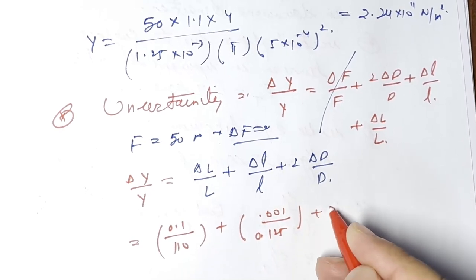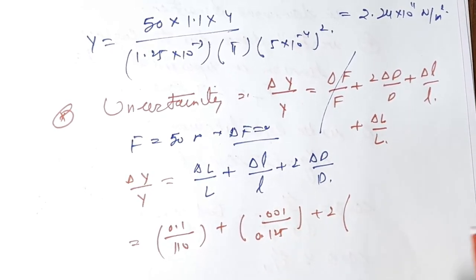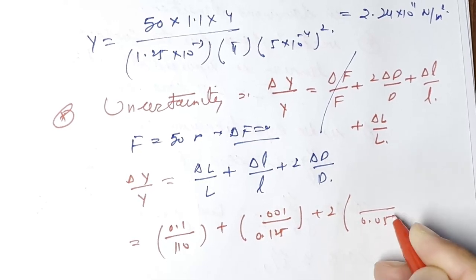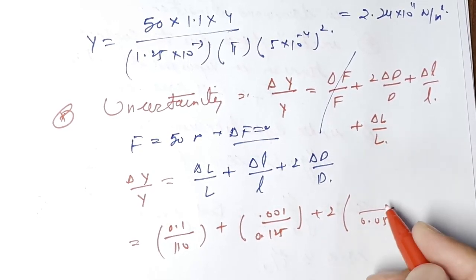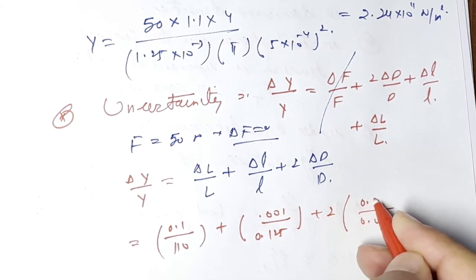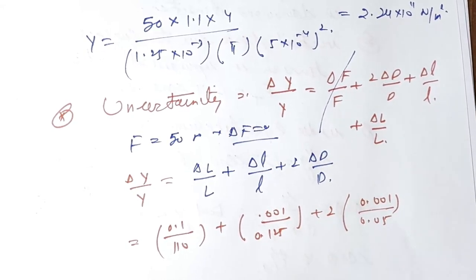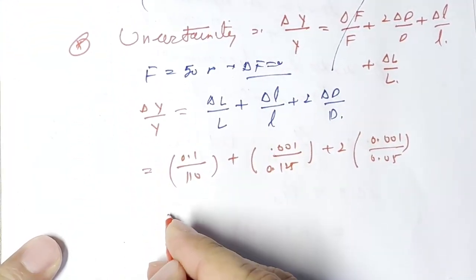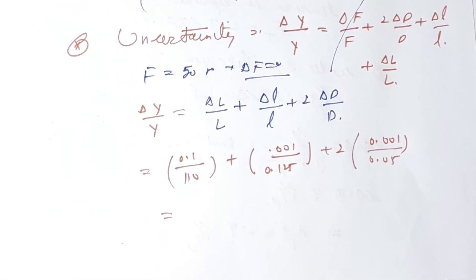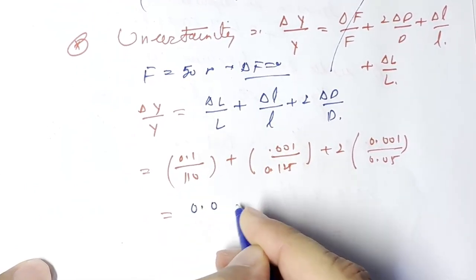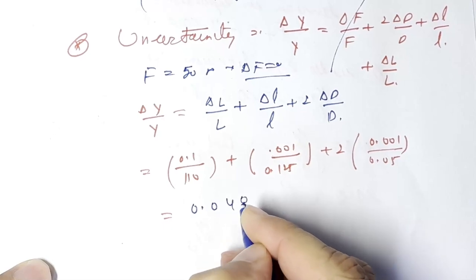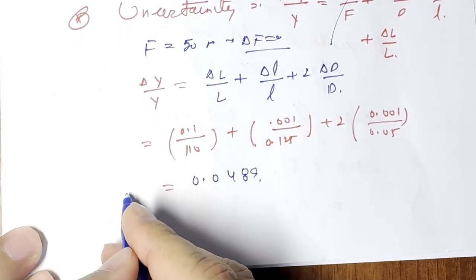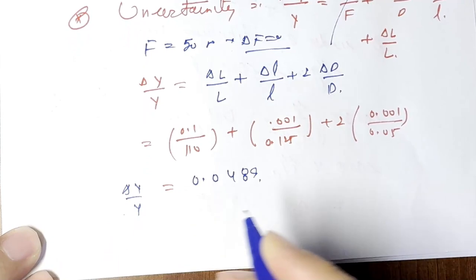And we have the diameter term, that is twice, diameter is given as 0.05 and measured with the least count of 0.001. So this gives us 0.0489. So this is nothing but delta Y upon Y.